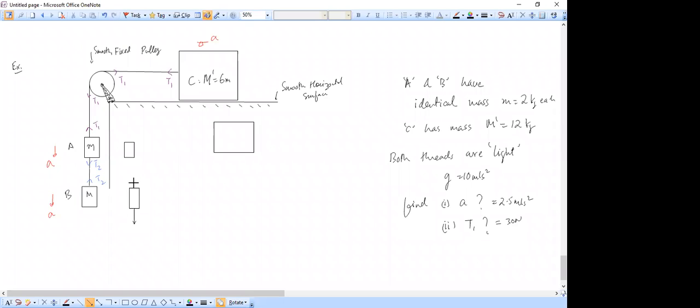If you look at the force picture on them, weight, tension, weight, one downward tension, and one upward tension. On this, there is one horizontal tension, and other forces are vertical and they are balancing each other.